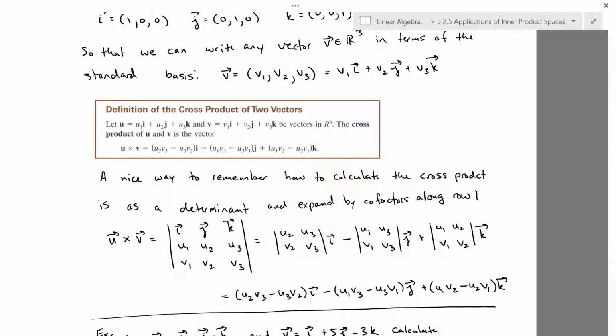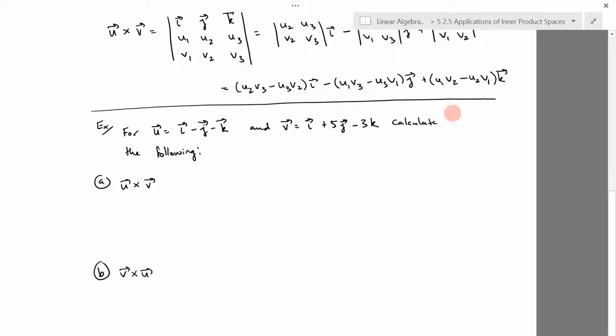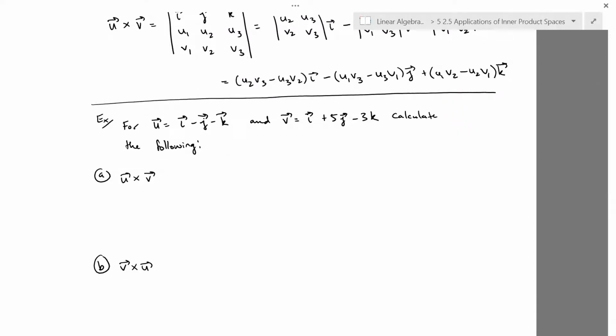Okay, so let's look at an example of calculating the cross product. Here I have the vector u is i minus j minus k, and the vector v is i plus 5j minus 3k.